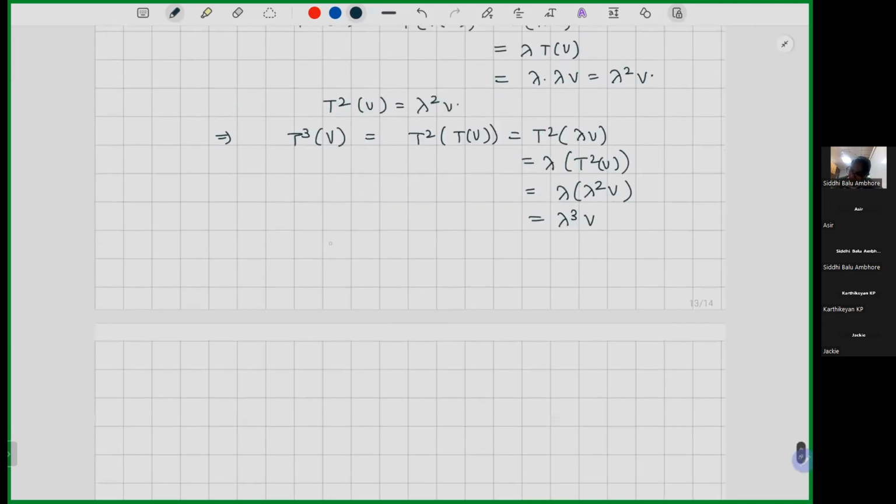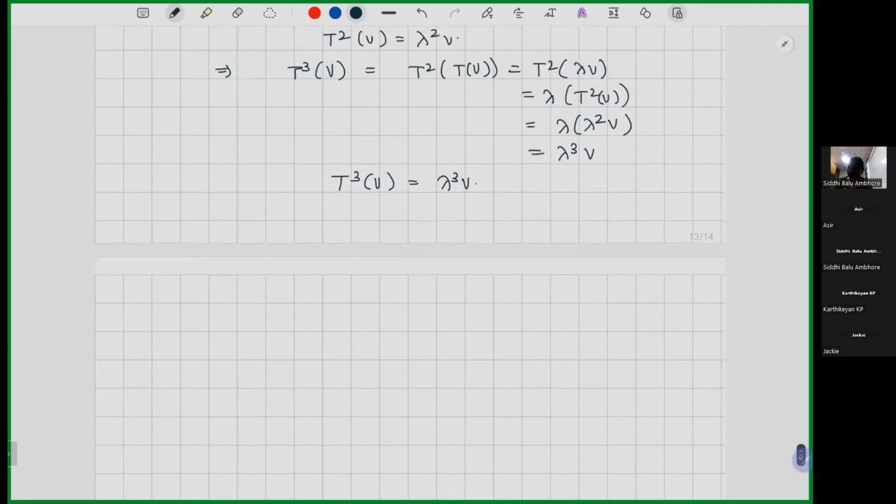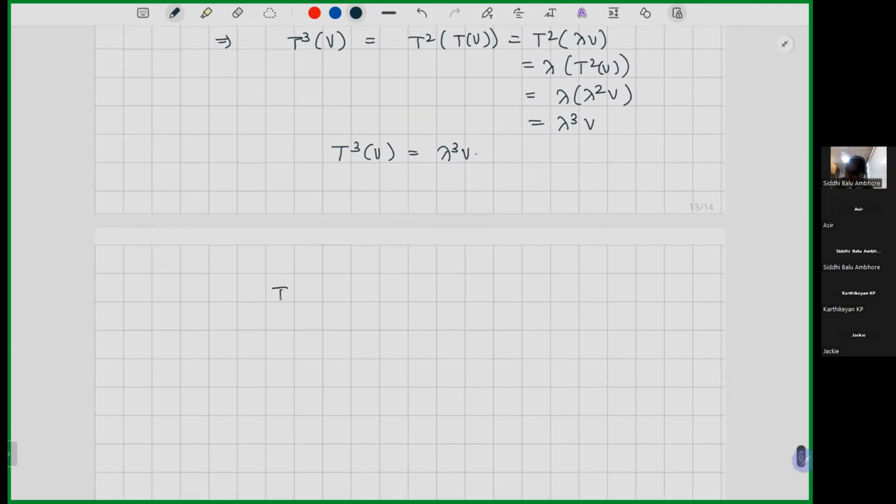So we just got that T cube v is equal to lambda cube v. So we can just apply induction and assume that it is true for n is equal to k, or it is true for n minus 1. Then T power n v will be what? T power n minus 1 into Tv, right?